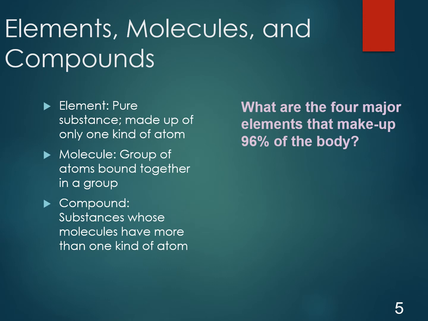The difference between a molecule and a compound is that a compound is a substance whose molecules have more than one kind of atom. So a molecule in and of itself is the same type of atom bound together, while a compound is several molecules with different types of atoms bound together.